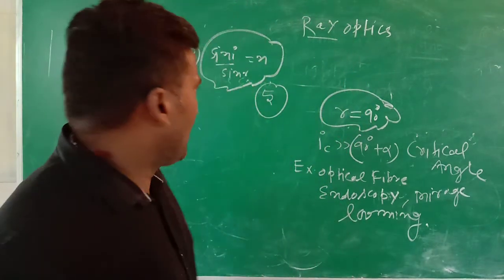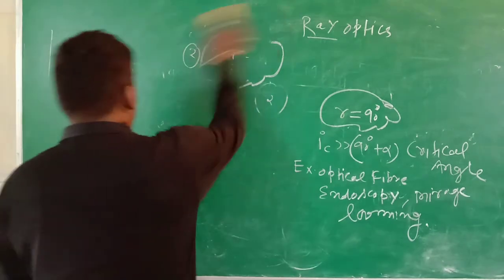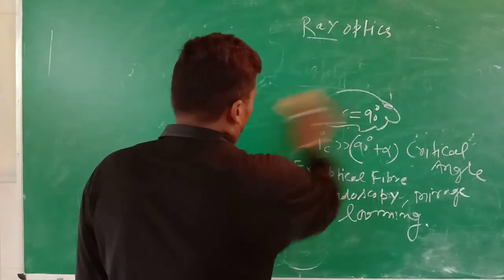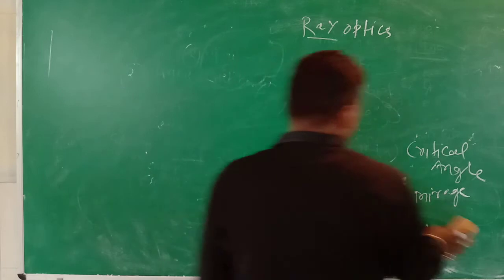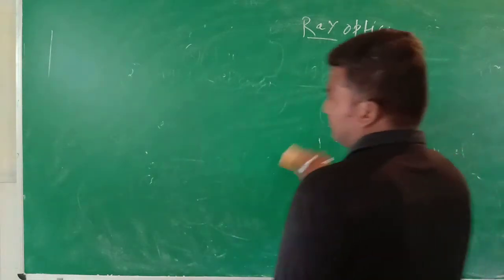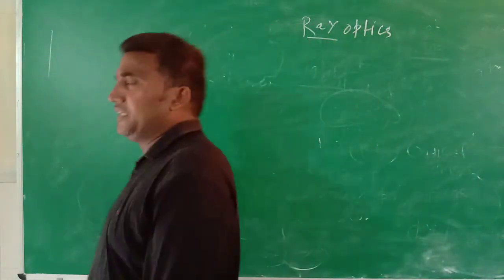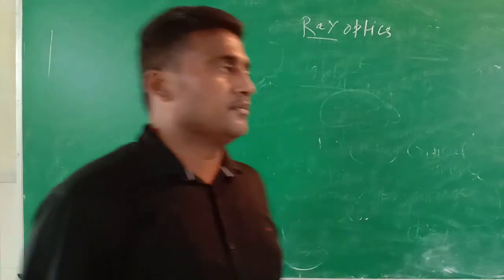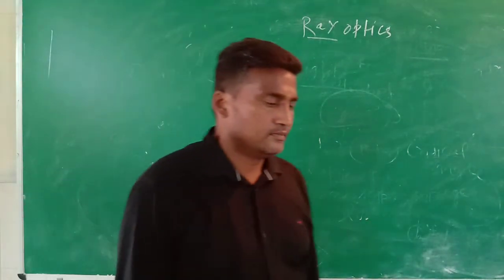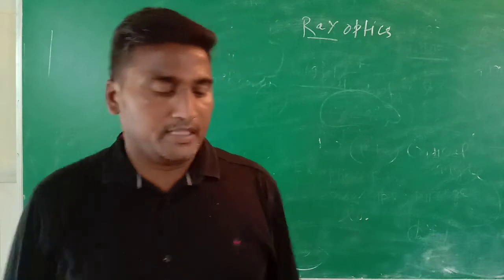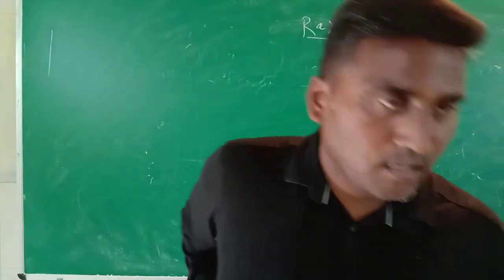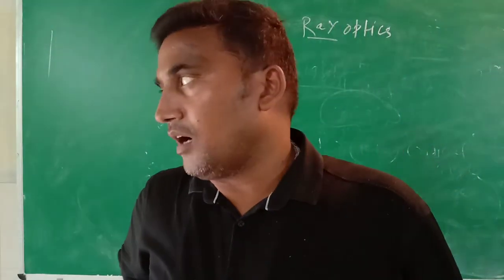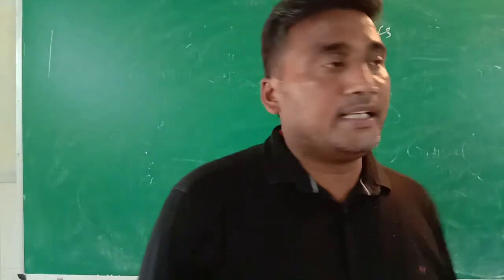Now we discuss another important property of light, which follows the property of wave optics. Light has interference, diffraction and polarization. Now we discuss another important property of wave optics, the interference of light.